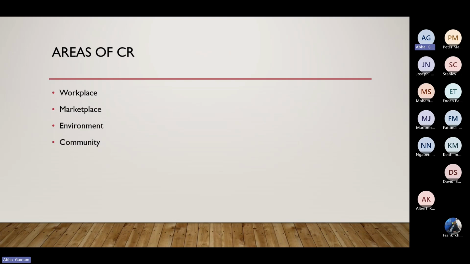So at workplace, at marketplace, and then in environment, you have to think about corporate responsibility. Now you may ask, how in the environment? You know how we can create that culture where everybody wants to take part in this corporate responsibility without being under surveillance. How can we create?